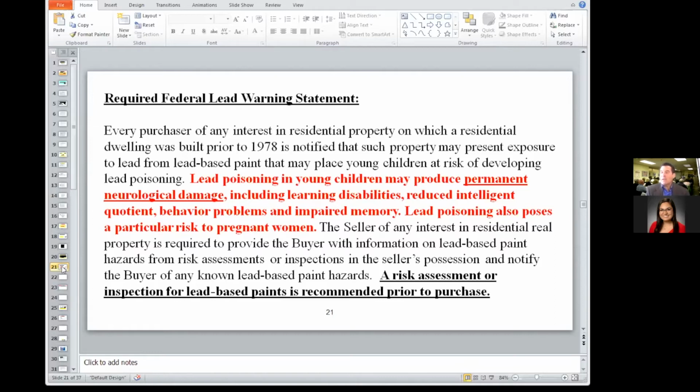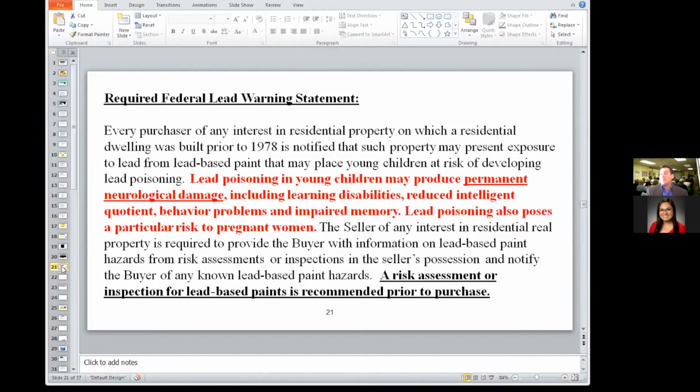The seller of any interest in residential property is required to provide the buyer with information on lead-based paint hazards. So if you listed a home, you've got to tell the seller, dude, you have a requirement under federal and state law to fill out this lead paint disclosure form because it is a target property.